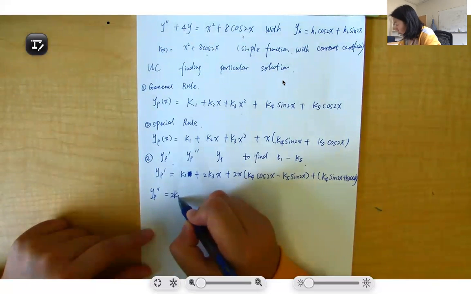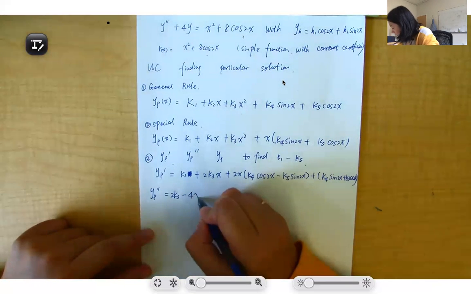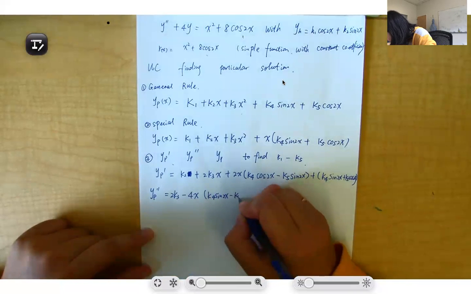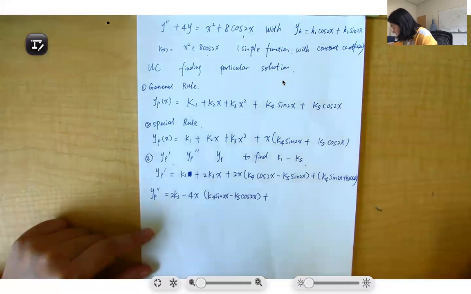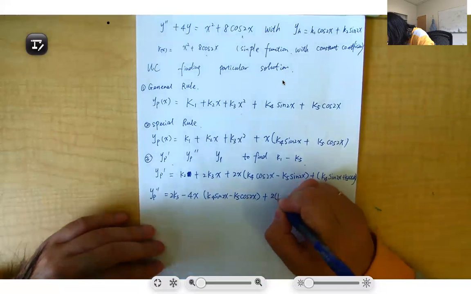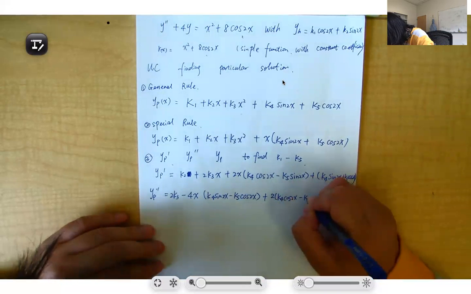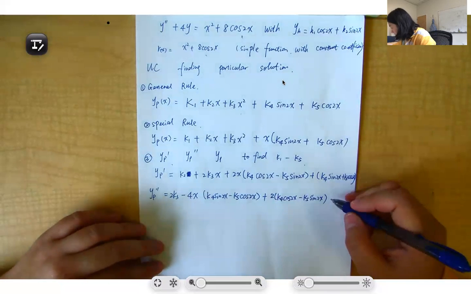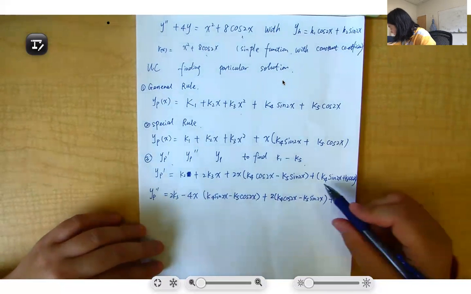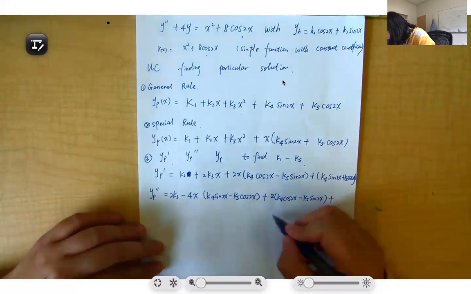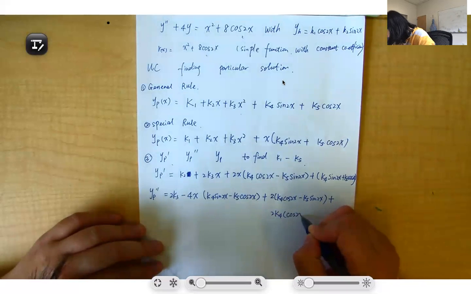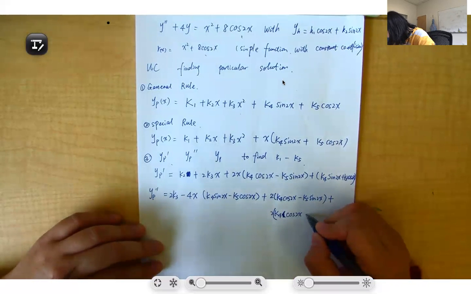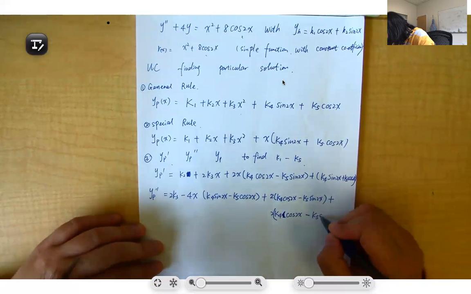That will be 2k3 minus 4x times k4 sine 2x plus k5 cosine 2x, plus 2 times k4 cosine 2x minus k5 sine 2x, and plus, so this derivative will be 2k4 cosine 2x minus k5 sine 2x. Okay.